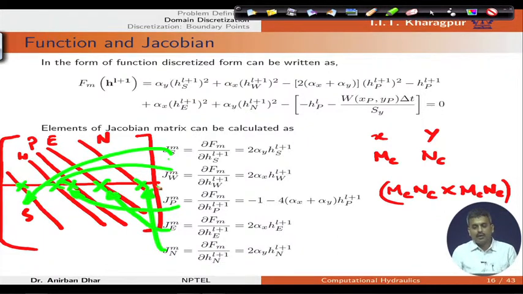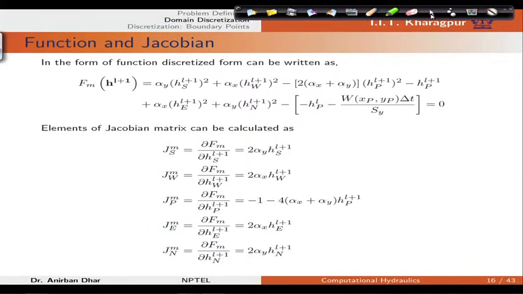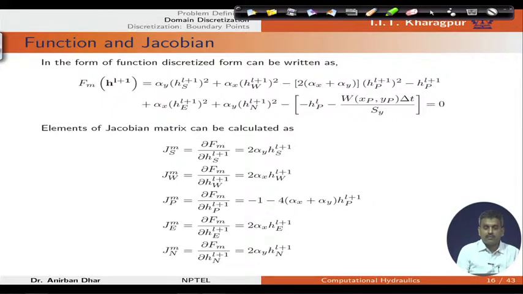So, for all interior nodes we need to calculate this, but this is the node number including the boundary nodes. For boundary nodes we need special treatment. So, let us see how we can utilize the concept for boundary nodes.